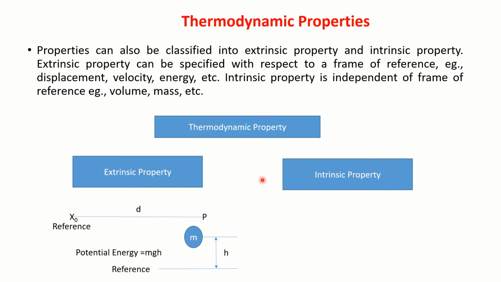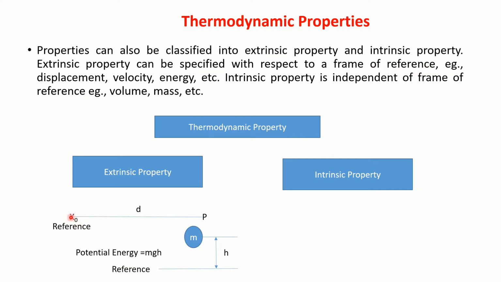Thermodynamic properties can be classified in various ways. One of the ways of classifying properties is as extrinsic property and intrinsic property. What do we mean by extrinsic property? An extrinsic property can be specified with respect to a frame of reference.